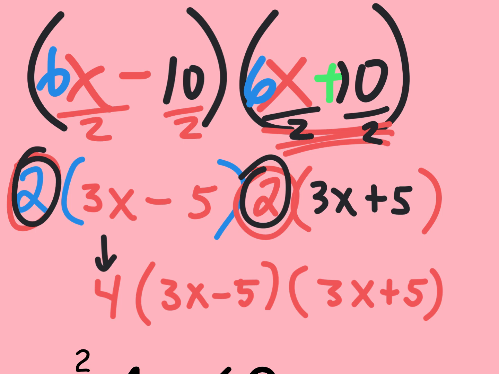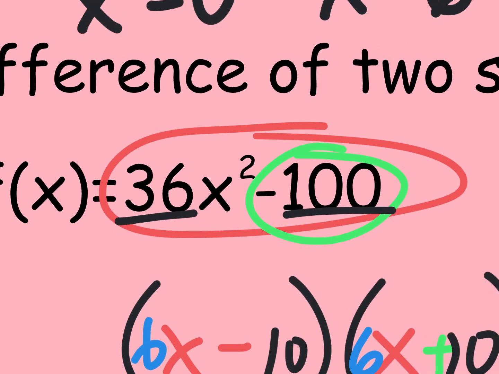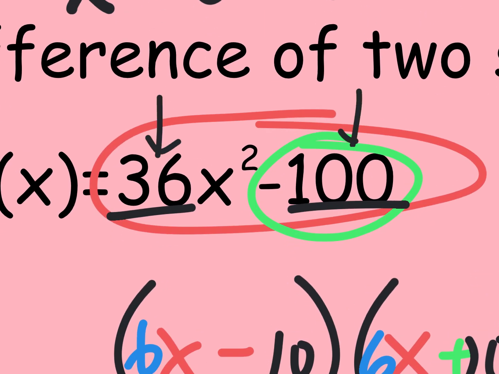And in my ideal world, you would have noticed that there was a 4 in both of them. I totally get you probably didn't notice. I didn't even notice that there was a 4 in both of them, but there was. Because 9 times 4 is 36. And 4 times 25 is 100. So see how there's a 4 in both of them?